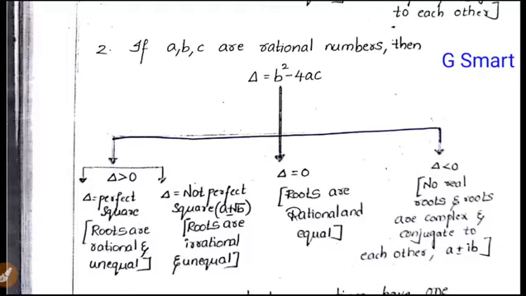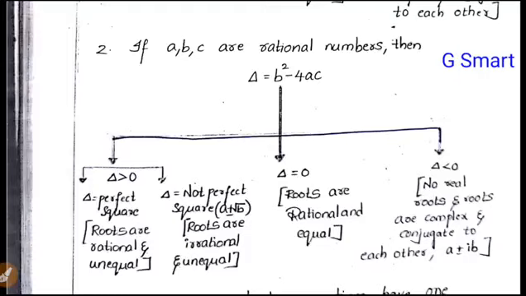If delta is greater than 0 and it is not a perfect square, meaning not 1, not 4, not 9, not 16, then the roots are irrational and unequal, meaning a plus or minus root b, like 2 plus or minus root 3, 3 plus or minus root 7.